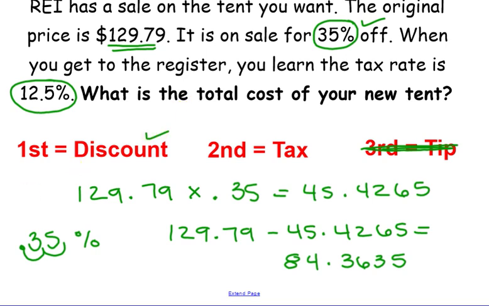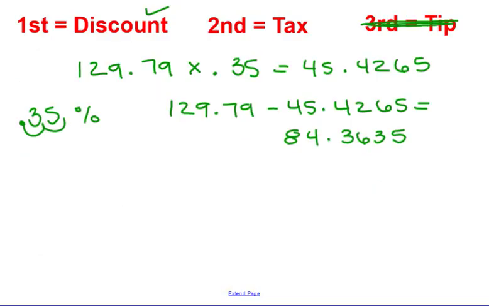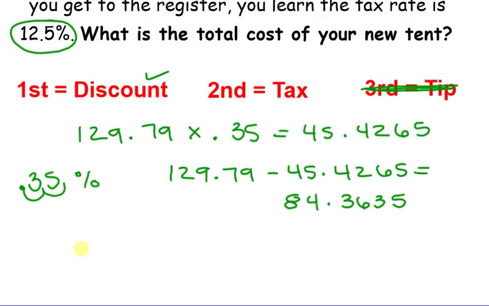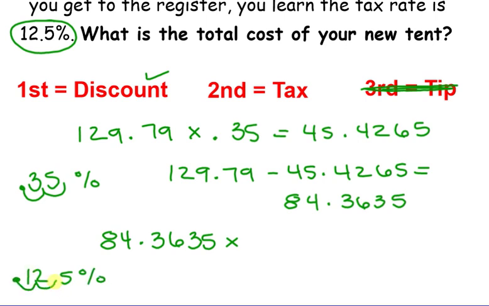Now I need to calculate my tax. My tax is 12.5%. All right, so what's my new total? 84.3635 times, so my tax is 12.5%. I need to move that decimal point once and twice, so it's going to be times 0.125 equals.